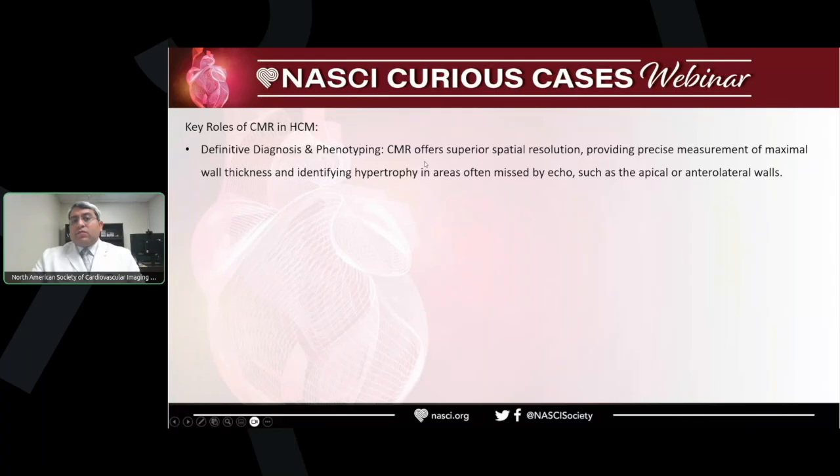It offers superior spatial resolution, providing precise measurements of the maximal wall thickening and identifying hypertrophy in areas often missed by echo, such as the apical or anterolateral walls.